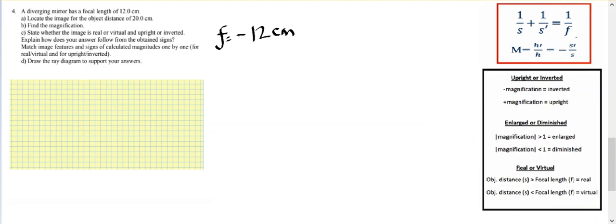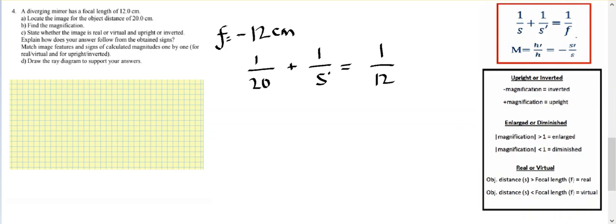And it wants us to locate the image for the object distance of 20 centimeters. So the object's distance is S. So we will do 1 over object distance 20 centimeters plus 1 over S prime, the image distance, and we are given 1 over 12.